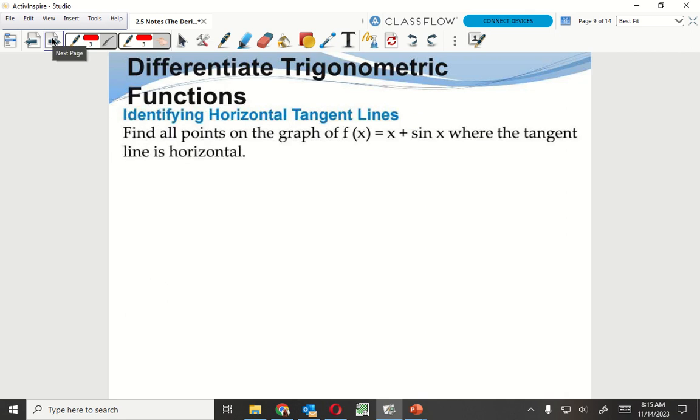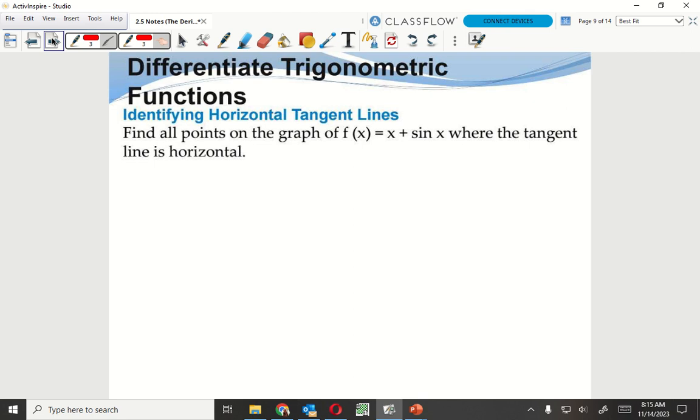All right, here's a good one. And I think this is the one I'm going to leave off with today after we're done with this one. Find out points on the graph where the tangent line is horizontal. Okay, horizontal line, show me horizontal line. Right here, right? What is the slope of a horizontal line? 0, very good.